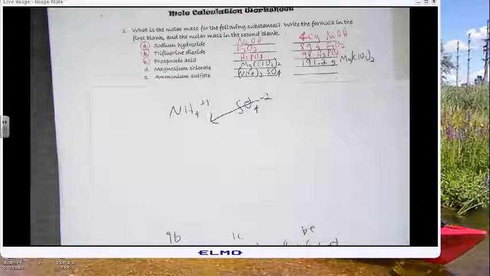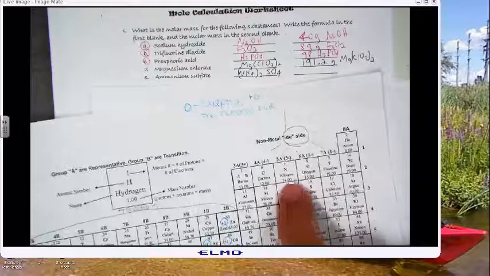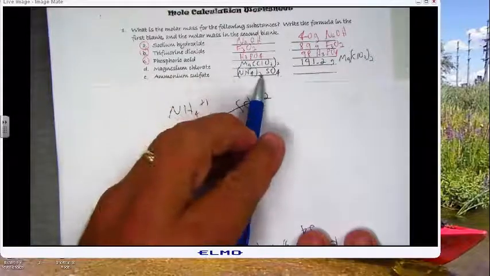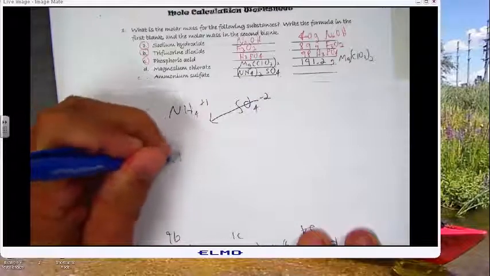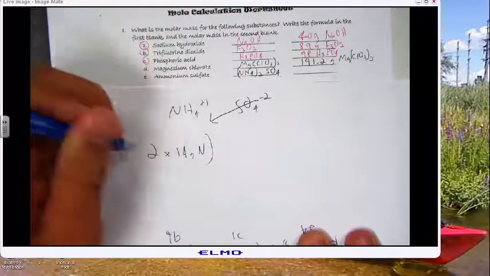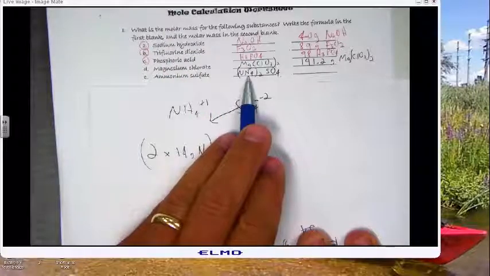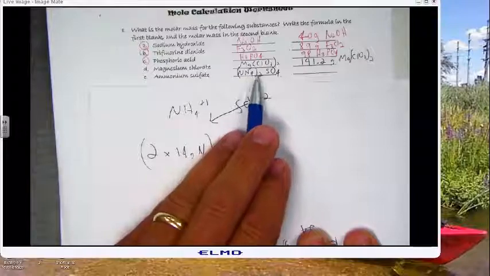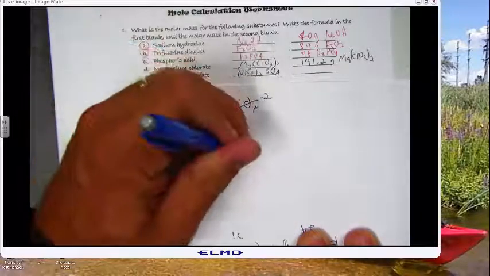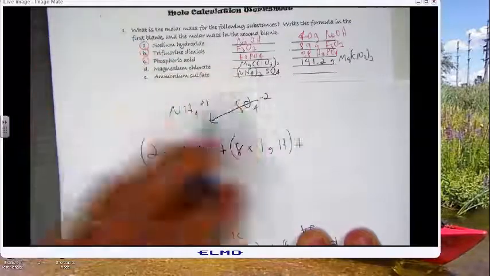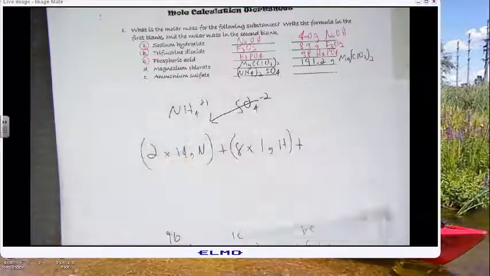Next thing I'll need to do is figure out the molar mass, and it's a matter of adding up all the gram atomic masses for each of the elements present. Nitrogen is present at 14 grams, but there's 2 nitrogen, so 2 times 14 grams of nitrogen. Hydrogen is present at 1 gram per gram atomic mass. 4 times 2 is 8 hydrogens at 1 gram each. There's sulfur involved.